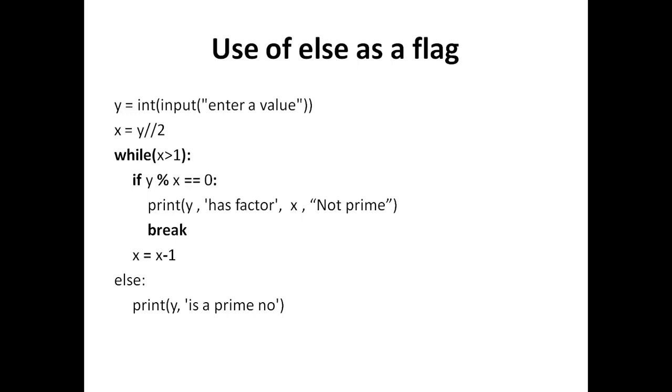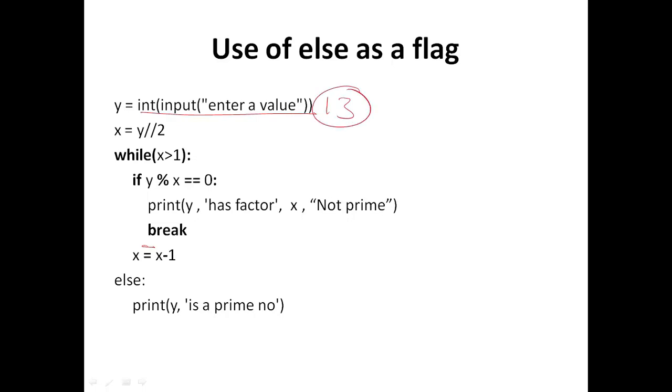This is the program of finding whether a number is prime or not. Let's take the value of y as 13. So we want to find out whether 13 is prime or not.